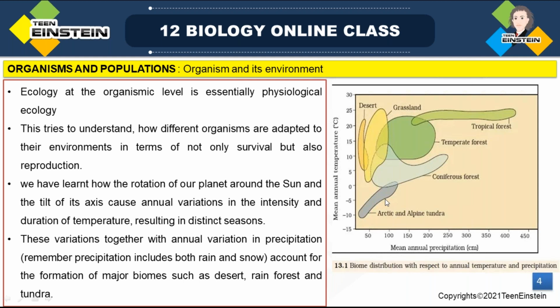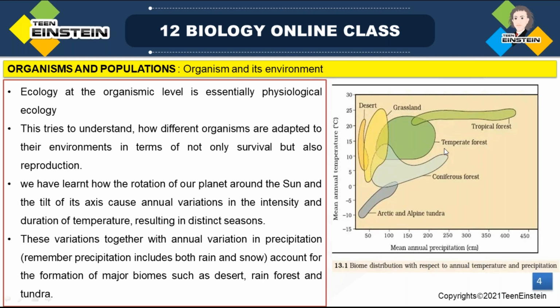You have to learn this as a table. I'll explain with all the features as a separate class, because you'll get so many questions from this area. So we need to learn the features of different biomes. In tropical forest, the temperature is 18 degrees centigrade to 25 degrees centigrade. Then the annual precipitation is around 150 to 400 centimeters.